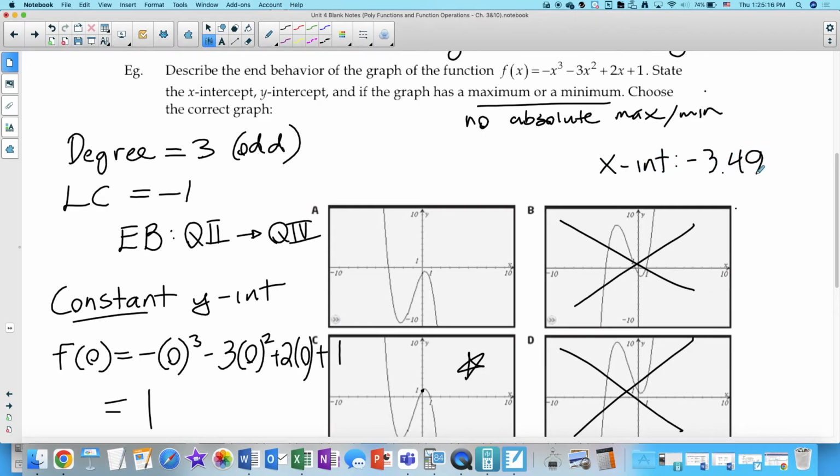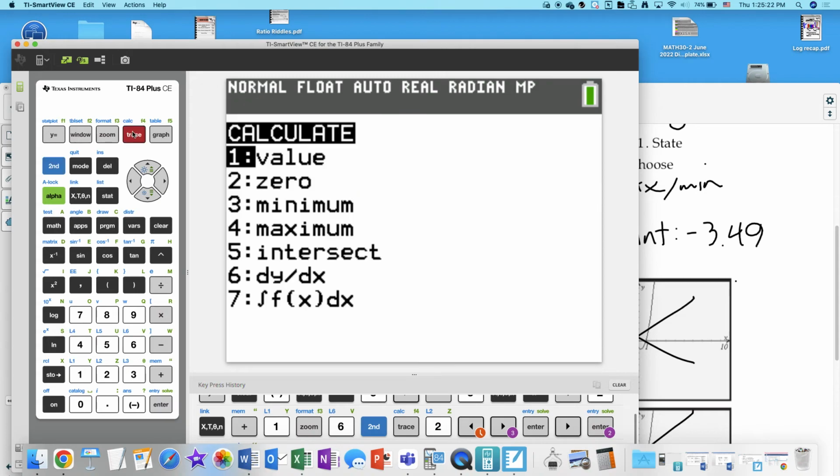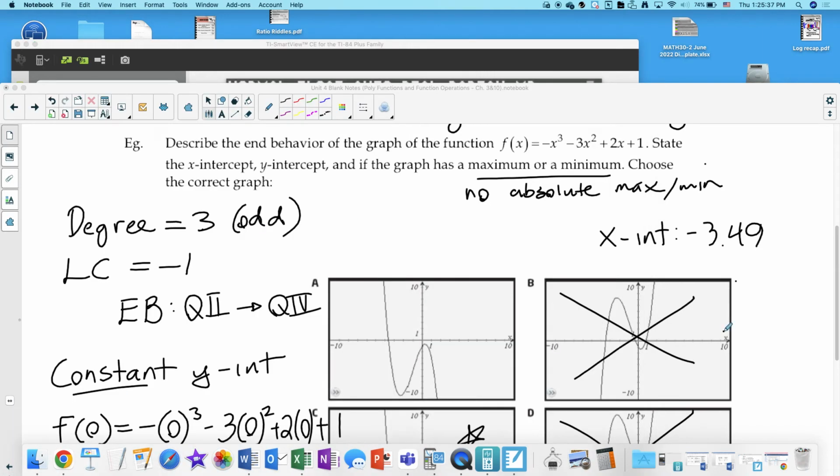You have to do this all over again. It takes a little bit of time. 0.34. The other one is at 0.83. Okay, so there's the x-intercepts. To find the local max or min, you just find a min here and a max there.